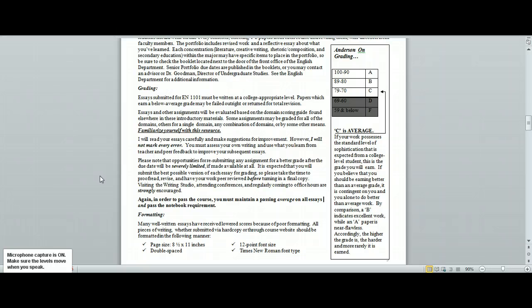Because the differences between a C and a D in terms of work are very much dependent on situation, we'll say.